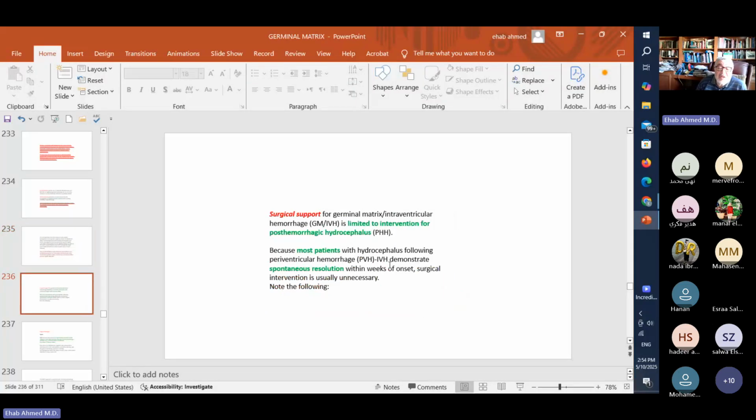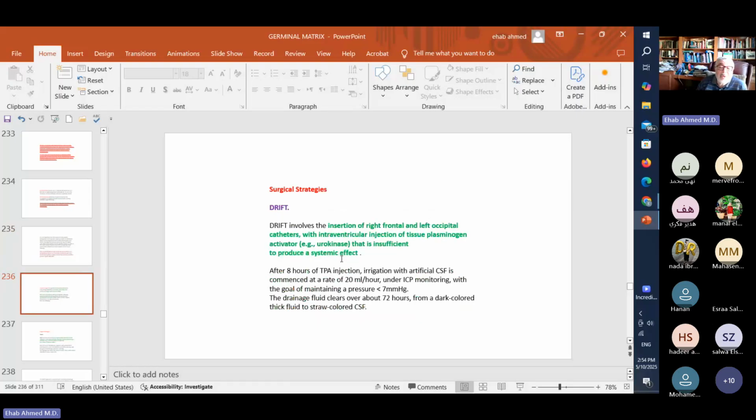So these are the surgical support maneuvers. And some people do what they call DRIFT. DRIFT is direct insertion of right frontal and left occipital catheters with intraventricular injection of tissue plasminogen activator, and that is sufficient to produce a systemic effect.